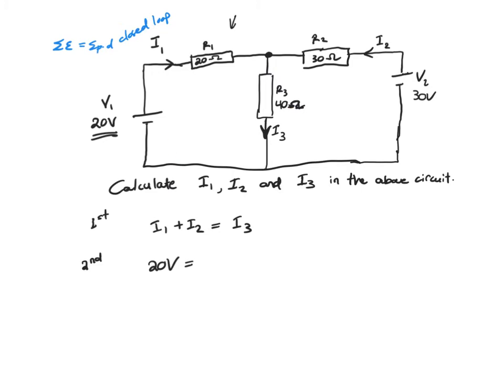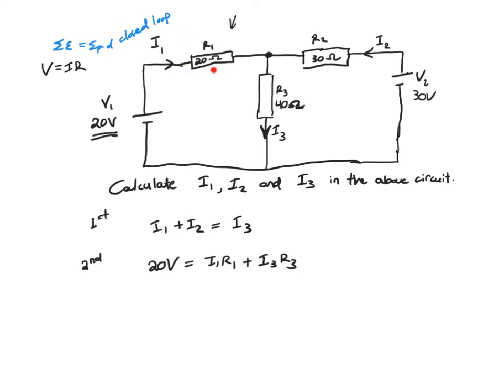Since potential difference is equal to IR, I will write it down in terms of I and R for this resistor. So it's going to be I1 R1 plus I3 R3.